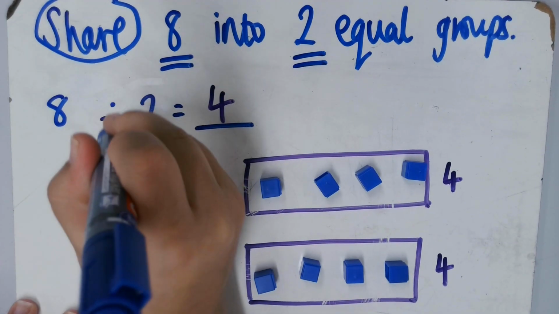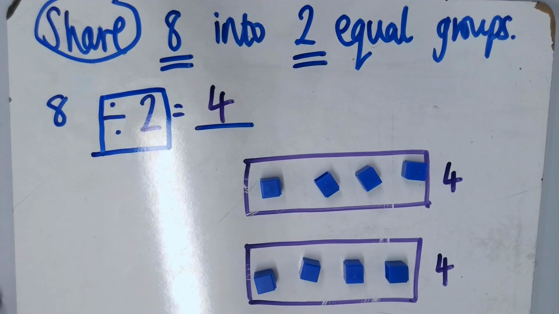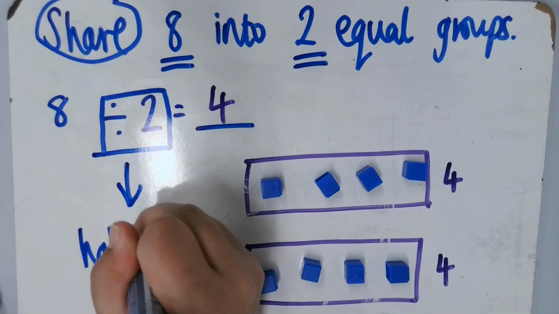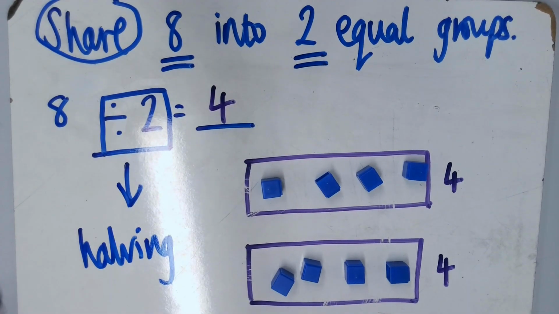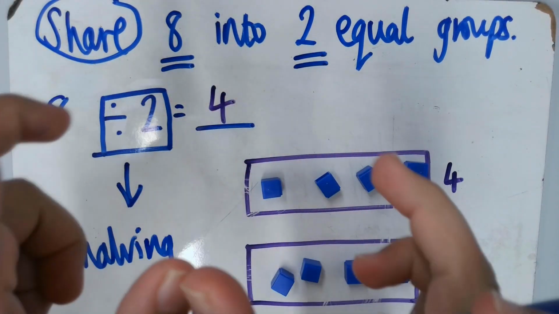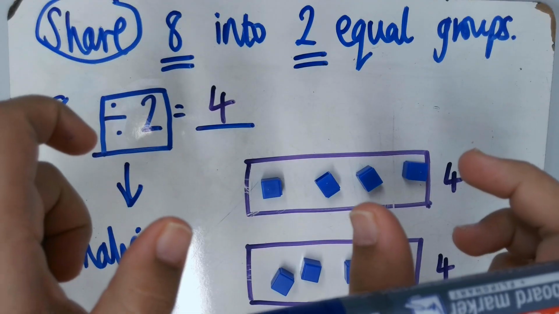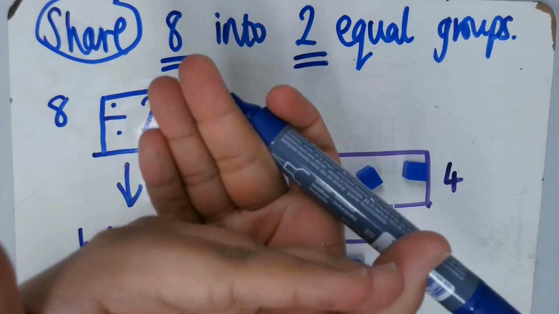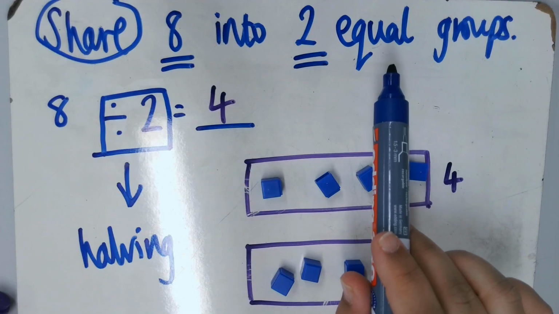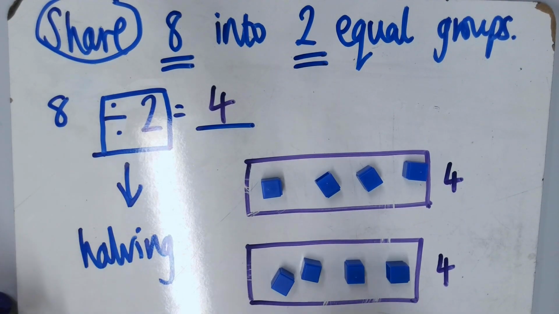Now, whenever we see anything being divided by 2, we call this halving. If I want to find half of something, I want to share that number into 2 groups with an equal number in each group. That is me halving the number. So if I'm sharing 8 into 2 equal groups, that's the same as me trying to find half of 8.